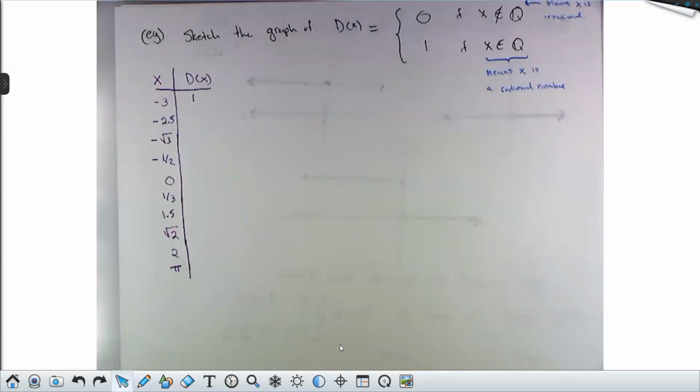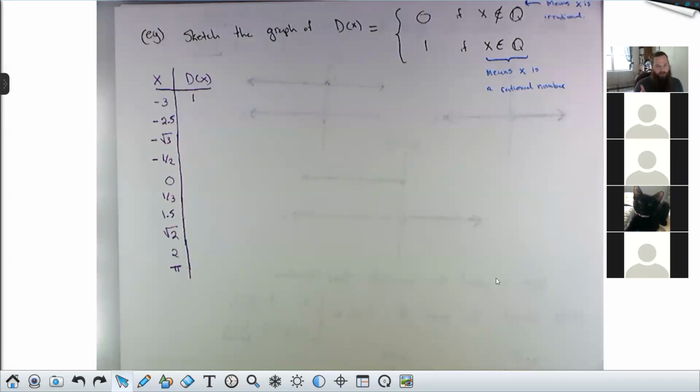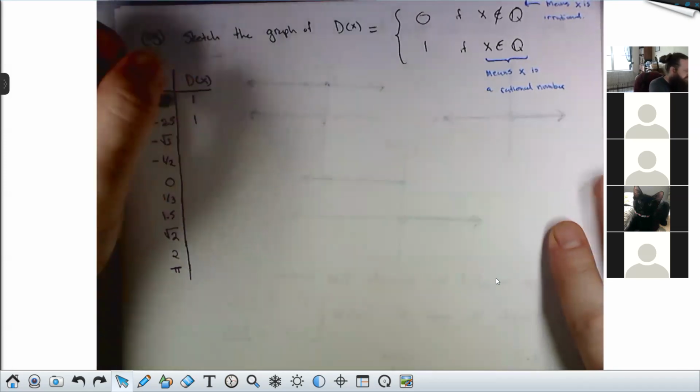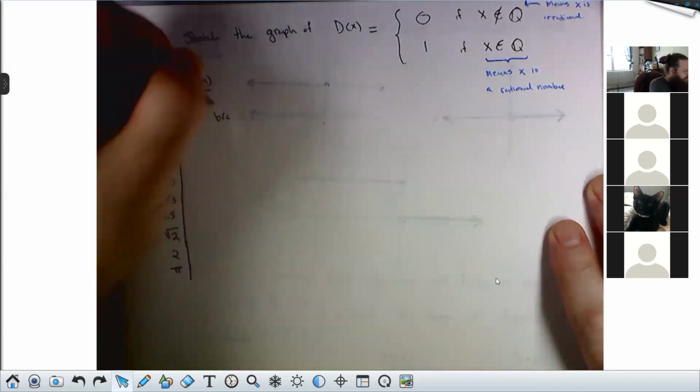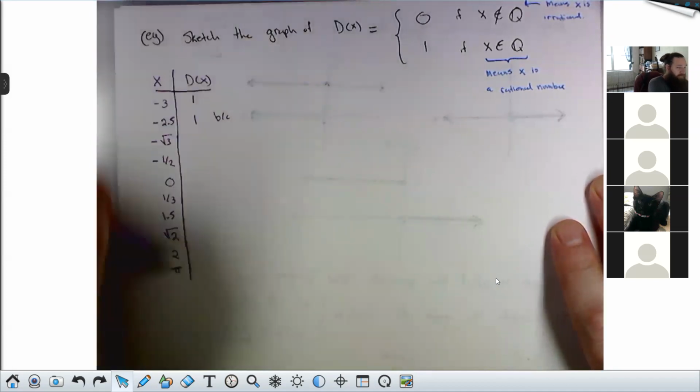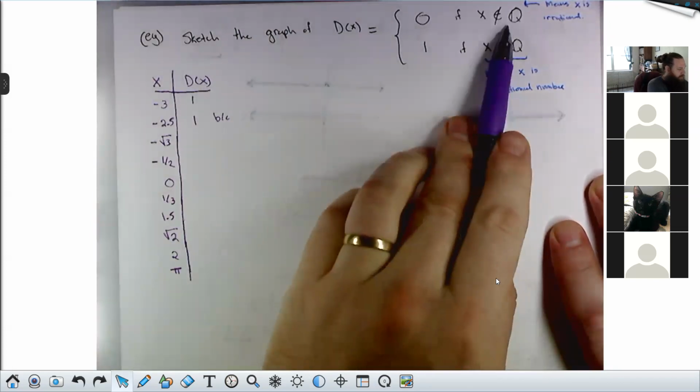All right, what about -2.5? 1 again. How do we know -2.5 is a rational number? First, you're correct. Yes, it's 1. Why? Definitely all of these are real numbers. The thing we're trying to figure out is whether it is rational or irrational.